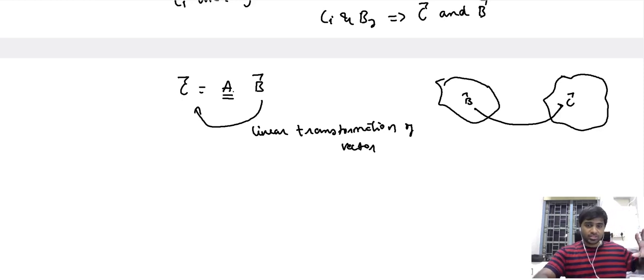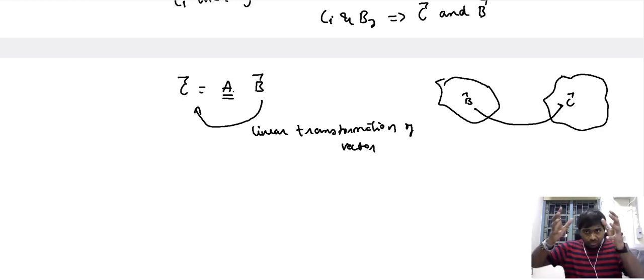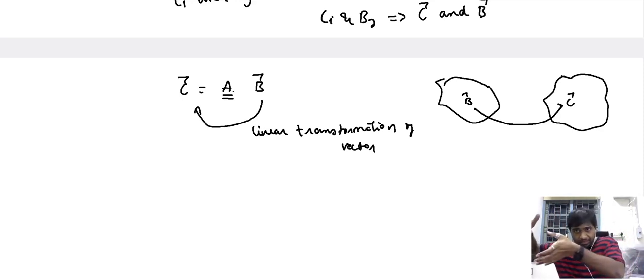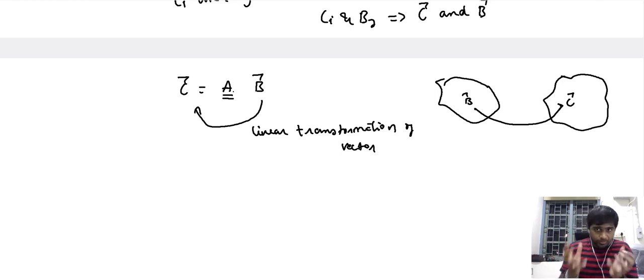Okay, so what essentially this expression means, the last matrix multiplication that we have considered, a 3 cross 3 matrix multiplied by a column matrix. So what we are considering is a product between a matrix and a vector, and this transforms the vector from one vector space to another vector space.